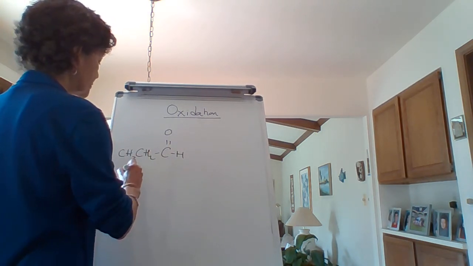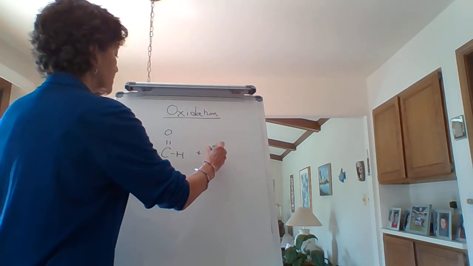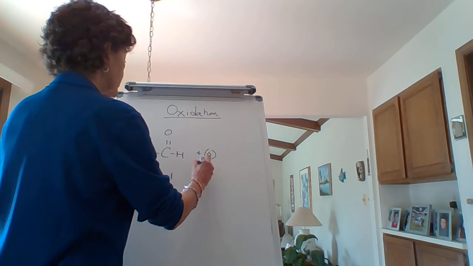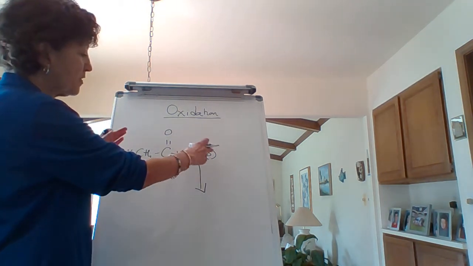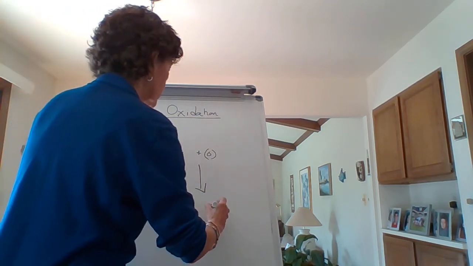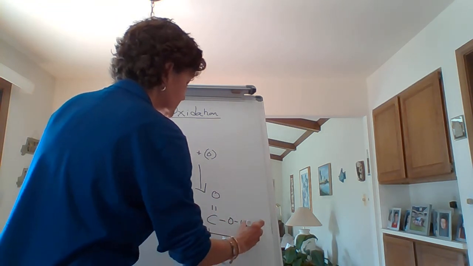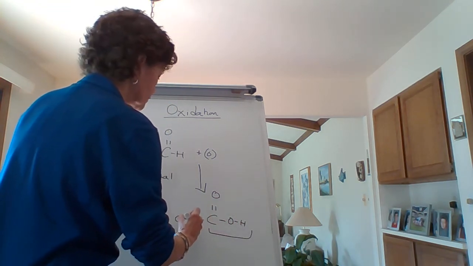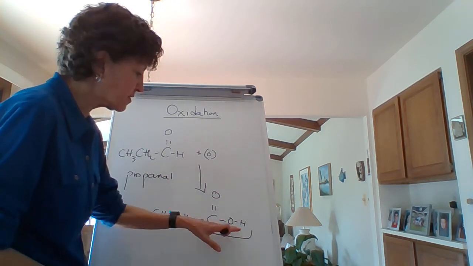So this is propanal. And I've got an oxidizing agent. And what's going to happen? One of the oxygens comes right over here. This is the carboxylic acid functional group.